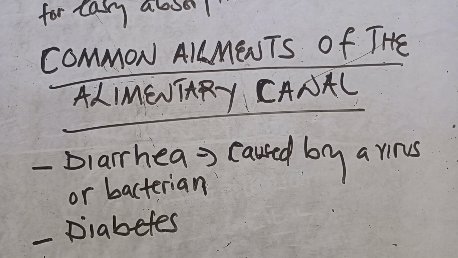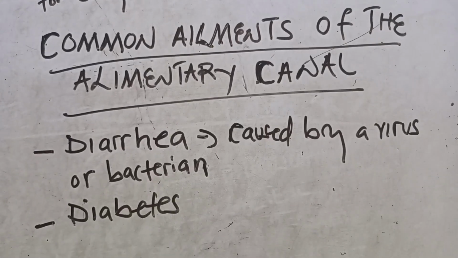Now there are two types of diabetes. There is diabetes insipidus and diabetes mellitus. The first is called diabetes mellitus, which is a high concentration of sugar in the body.